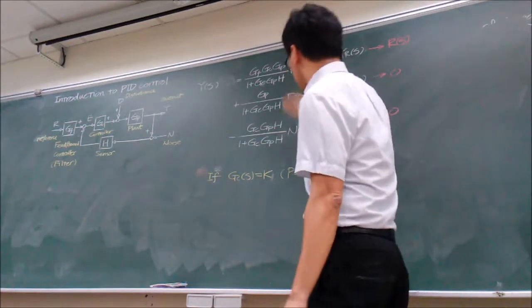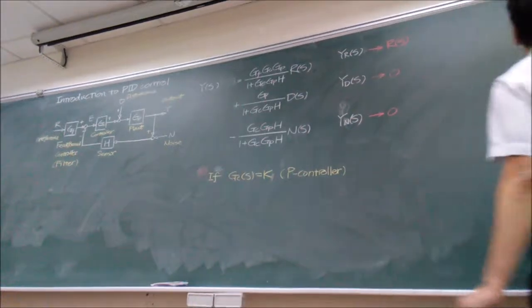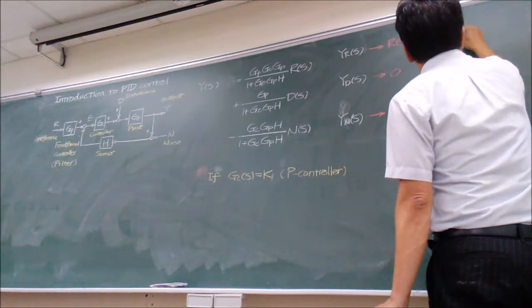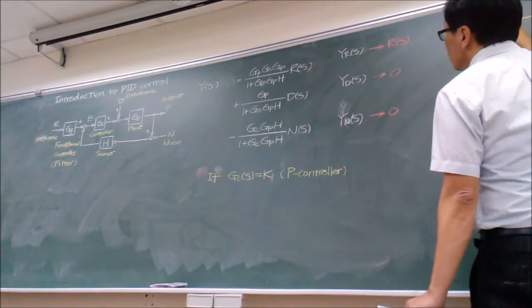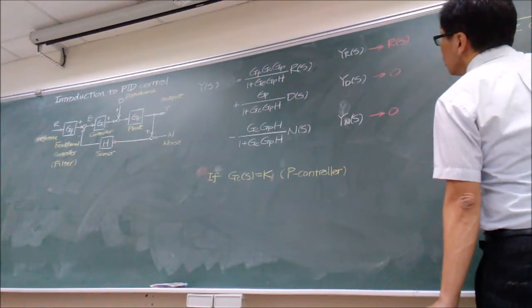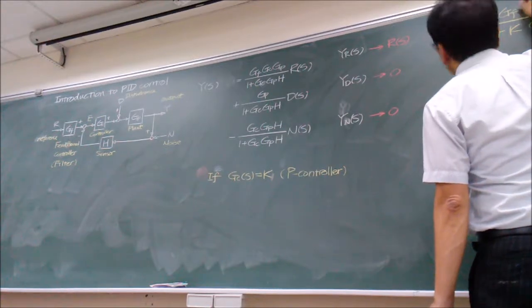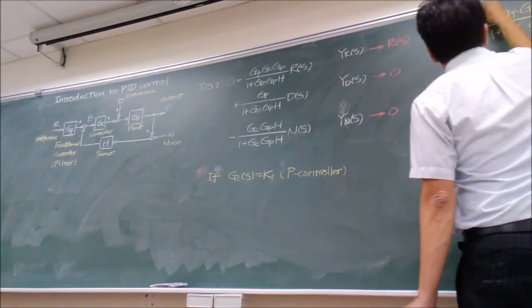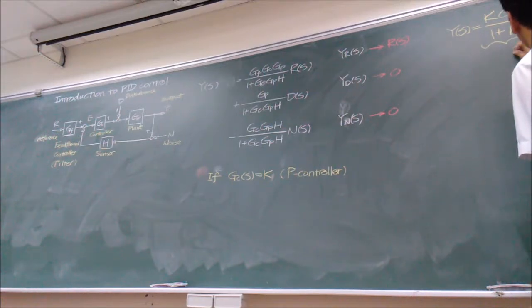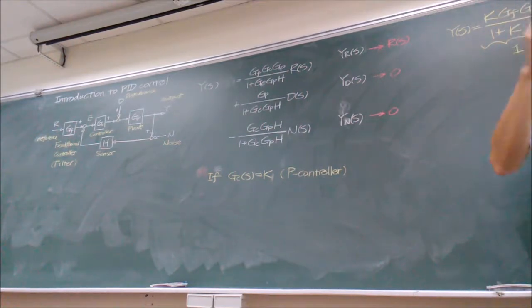By looking at this one, in order to make this one equal to 1, what do I need to do? There is only one thing you can control. You cannot change anything about the plant, right?